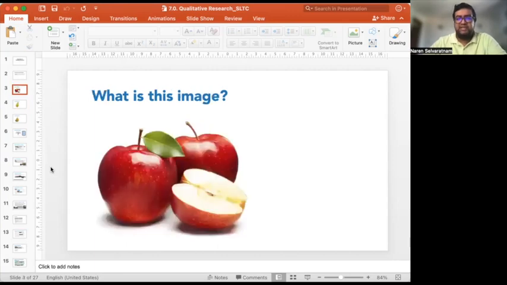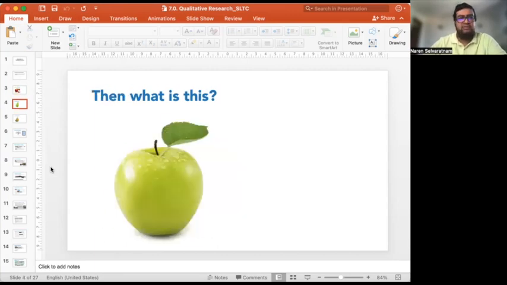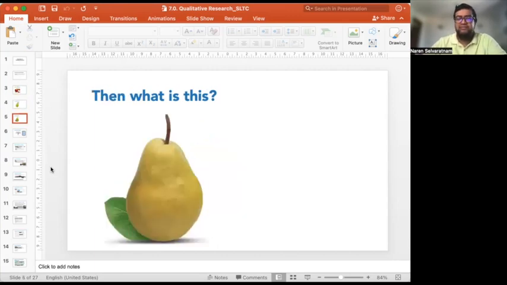So if this is an apple, what is this then? Well, that is a pear. But if you notice, the leaf looks more or less similar. But if you look, the color is slightly different, and you see a little bit of dots here and there.